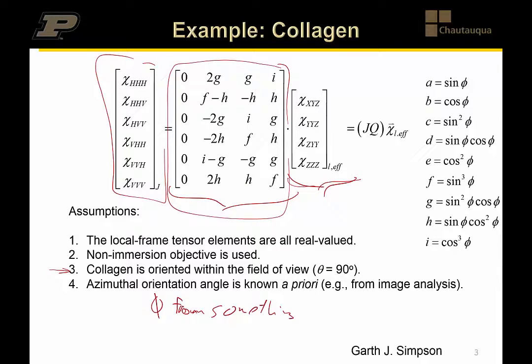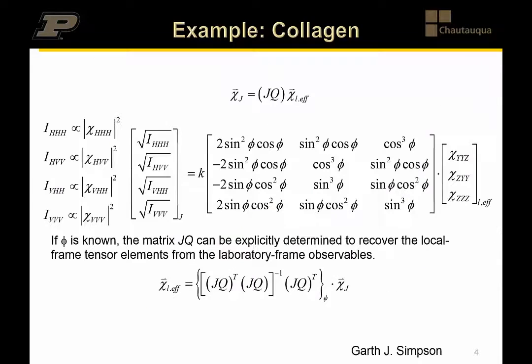I'm just recopying this shorthand notation, where we use an alphabetical representation for the different cosine and sine terms that comprise this matrix connecting the local frame to the Jones frame.